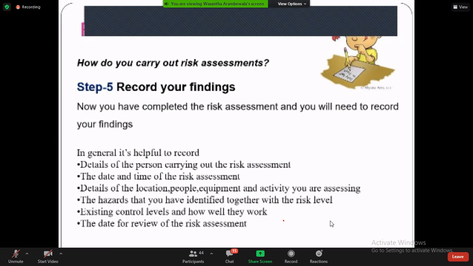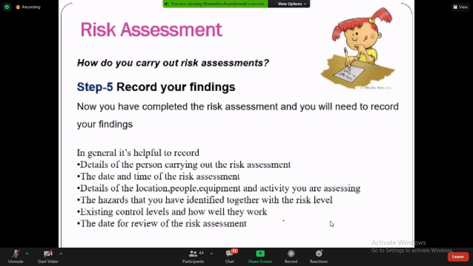Now, we have gone through listing your tasks or activities. Second, we said identify the hazards, how it can harm, and who are the people exposed to that particular hazard. Third, estimate the risk: likelihood, whether it is 4 or 5, and severity, 1 to 5. Then evaluate the risk.